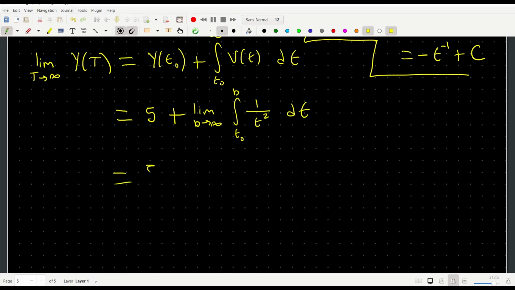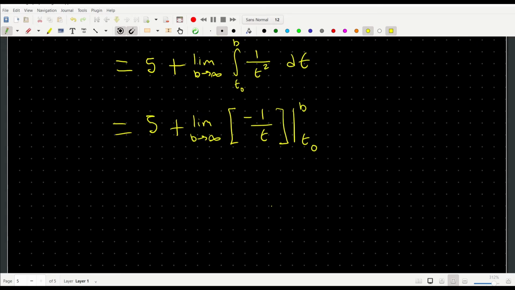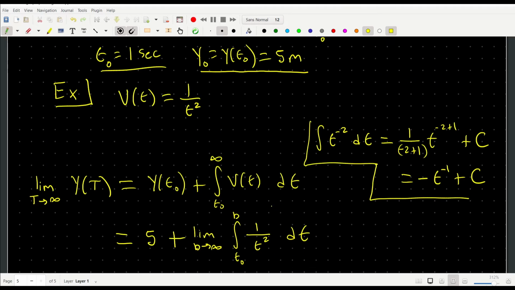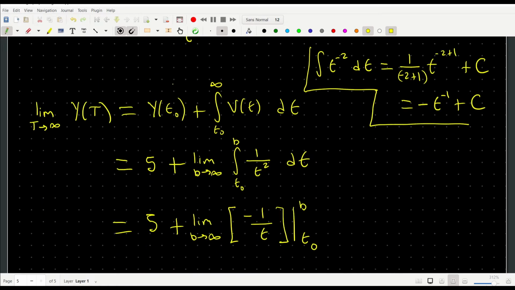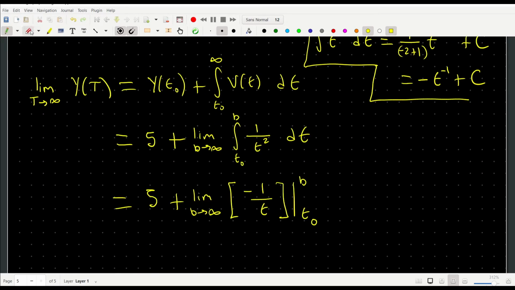But so now the long-term behavior is going to be 5 plus the limit as b goes to infinity of negative 1 over t. This has to be evaluated at the endpoints from the fundamental theorem of calculus. Oh, and I also forgot that t naught here is 1 second, so I'll just plug that in right here.